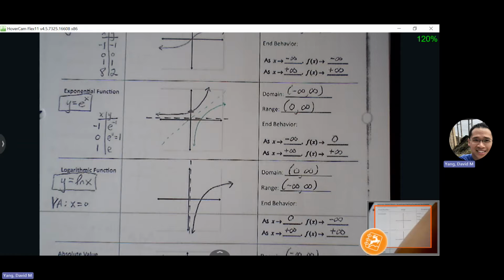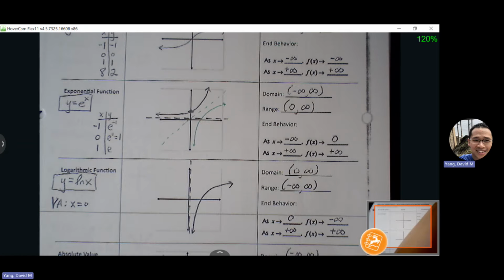And because the x's and y's flip-flop between exponential and log functions, all these other properties also have a flip-flop relationship. So if you look, the domain of one is the range of the other. The range of one is the domain of the other. There's a horizontal asymptote for the exponential function, but no vertical asymptote. There's a vertical asymptote for a log function, but no horizontal asymptote.